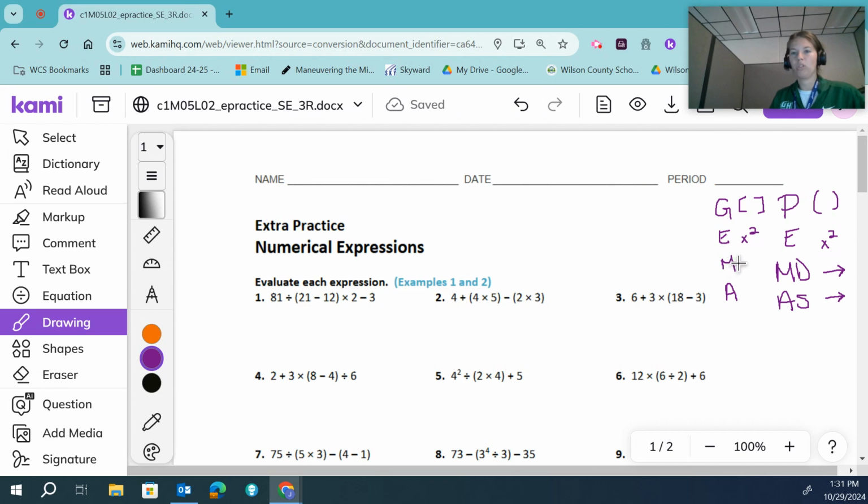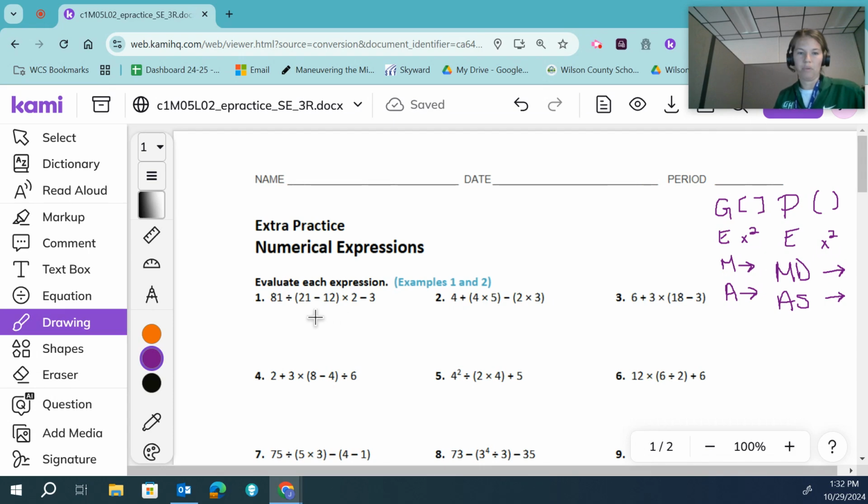M stands for multiplication and division in GEMMA, and the reason they only use one letter is because if division happens first, you would do division first, from left to right. And A stands for addition and subtraction, again for the same reason. So you can use either one of these that you would like to.